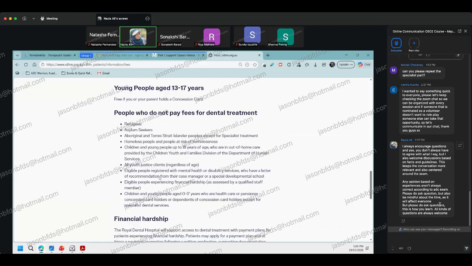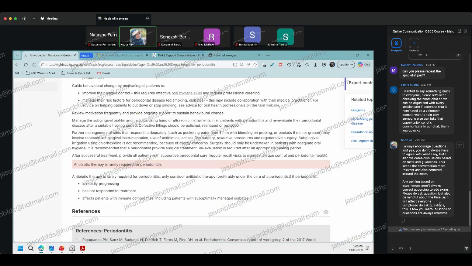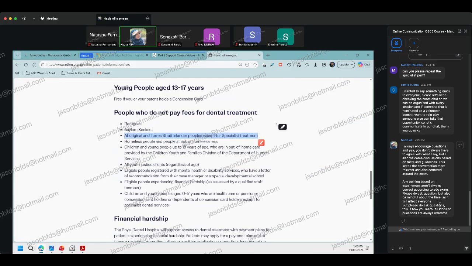So the Royal Dental Hospital is not a public hospital, right? Again, it's not, but you see people who do not pay fees for the dental treatment. Their services are integrated. These bigger hospitals have this kind of arrangement. When I go to a hospital here in Brisbane, if I'm a private patient, it's still the same hospital, but I can use my insurance and go to a private section.